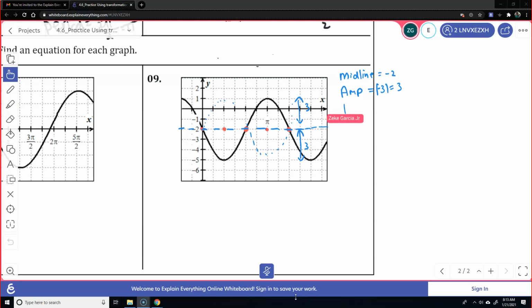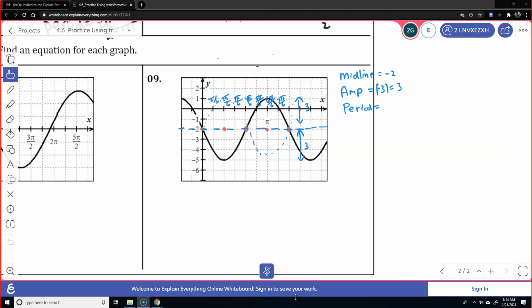The period, and I'm going to break it up into 6 parts. So this is pi over 6. This is 2 pi over 6. This is 3 pi over 6. This is 4 pi over 6. This is 5 pi over 6. And I know that this right here is 6 pi over 6. And I know that this is 7 pi over 6.